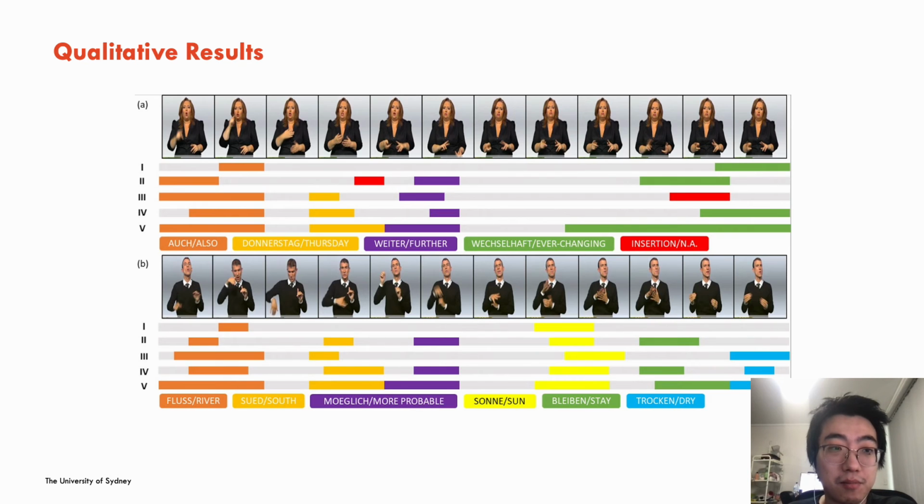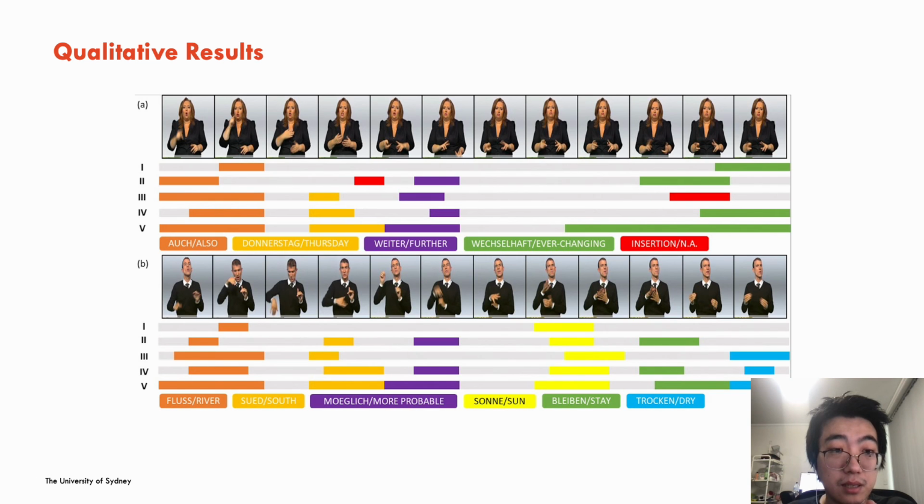So here is our ablation study and some qualitative results. We have several settings. The first one is our baseline without any spatial or temporal information, the second one uses only the spatial, the third only the temporal, the fourth uses spatial and temporal, and the last one uses all of the information.